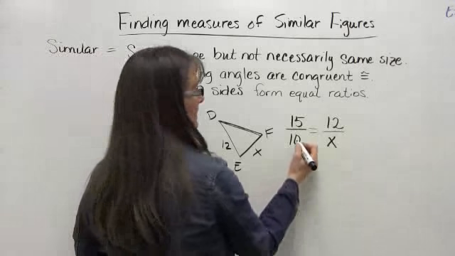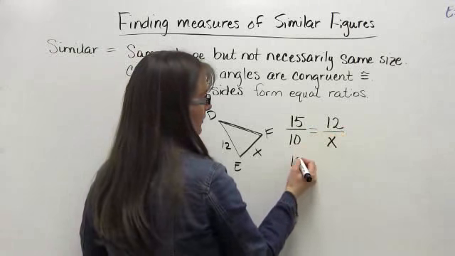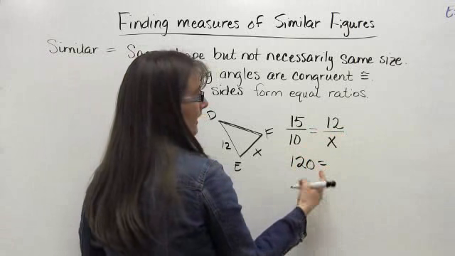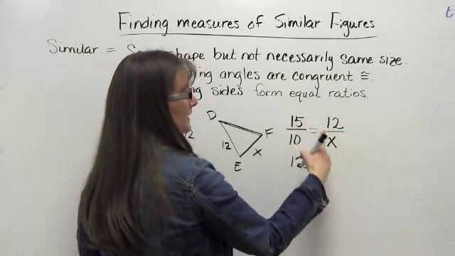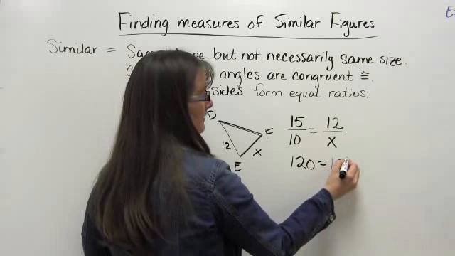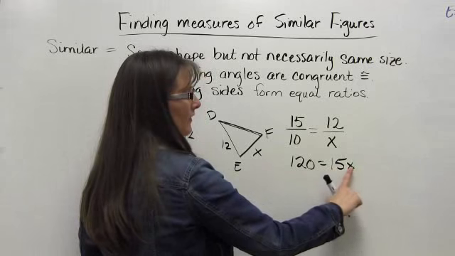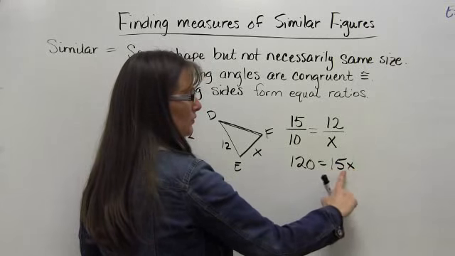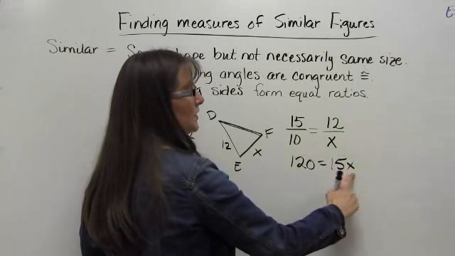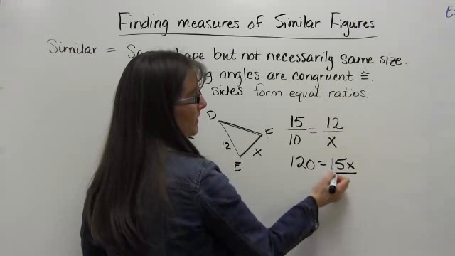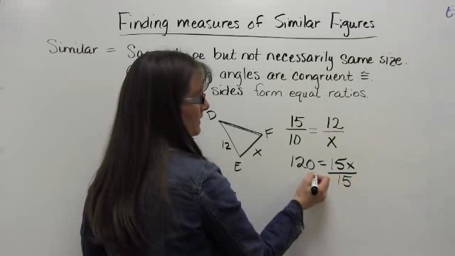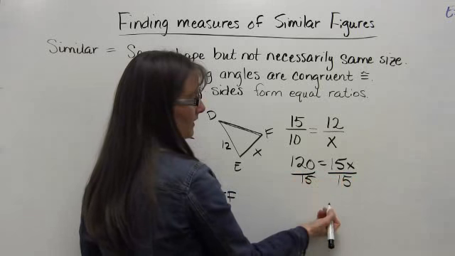I know that 10 times 12 is 120, and that's going to be equal to 15 times x, which is 15x. I want x by itself. 15 is attached to x through multiplication, so to undo, I must divide both sides by 15, the number I'm trying to get rid of.